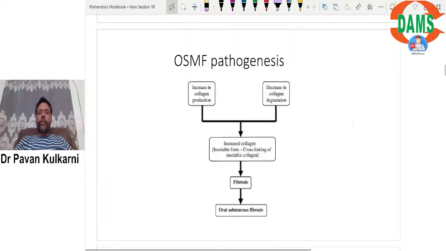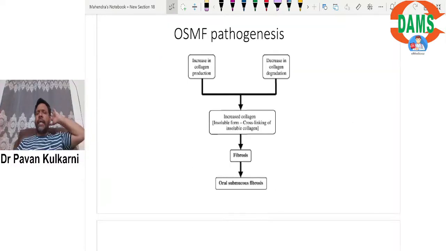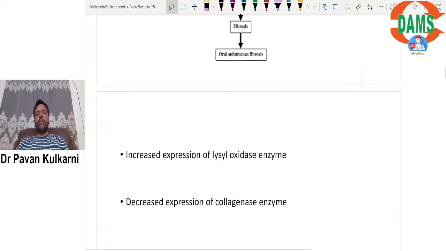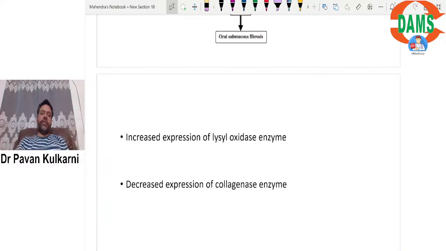Moving on to the important thing in the pathogenesis of OSMF. What we should remember here is that due to areca nut, collagen production increases and collagen degradation reduces. There is an important enzyme whose expression increases in OSMF, that is lysyl oxidase.